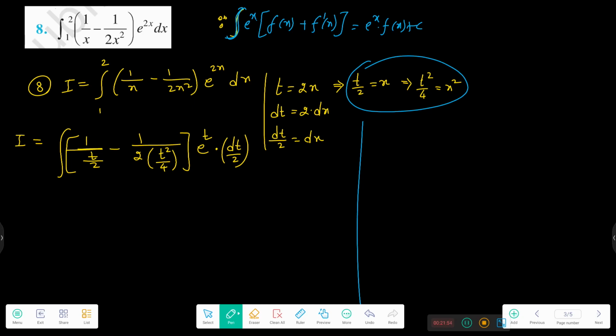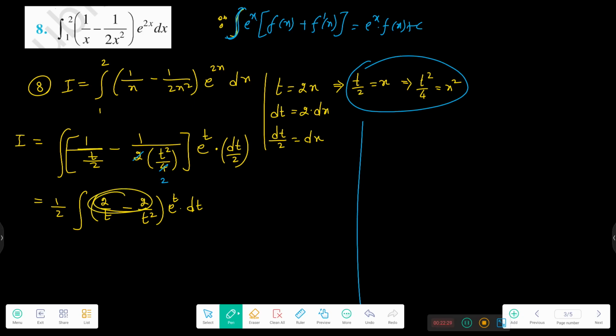Be careful here. Now you can cancel this two times, and take this outside. Let's see what we are getting. So 1 by 2 into the integral of 2 by t minus 2 divided by t square, into e power t into dt.